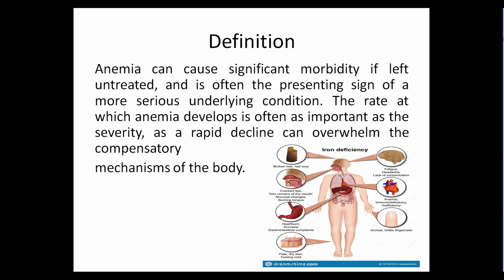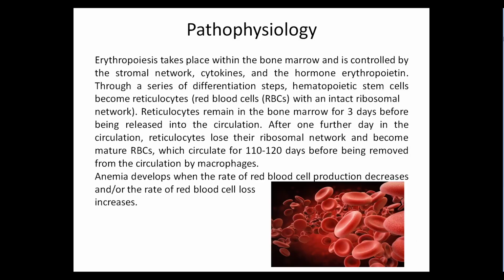The rate at which anemia develops is often as important as the severity, as a rapid decline can overwhelm the compensatory mechanisms of the body. Erythropoiesis takes place within the bone marrow and is controlled by the stromal network, cytokines, and the hormone erythropoietin.